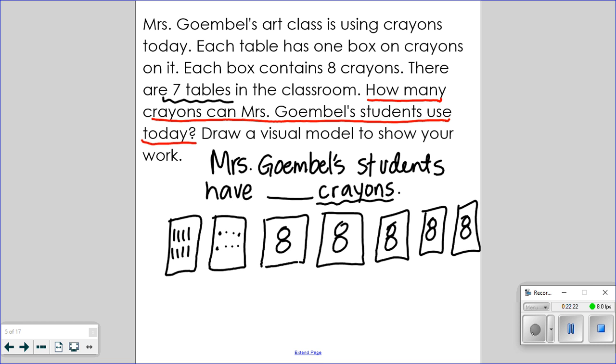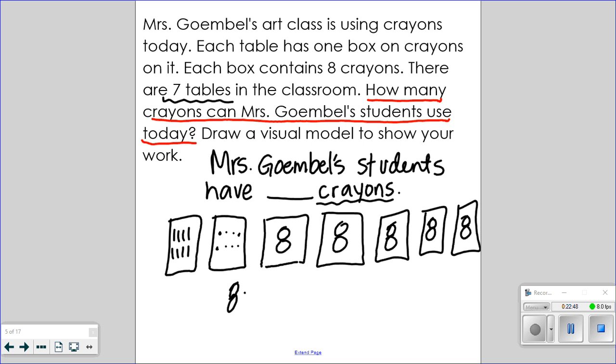What could be an equation? Callie, go for it. 8. I need an action. It's like saying dog, dog. I need a verb. 8. Subtract, plus.